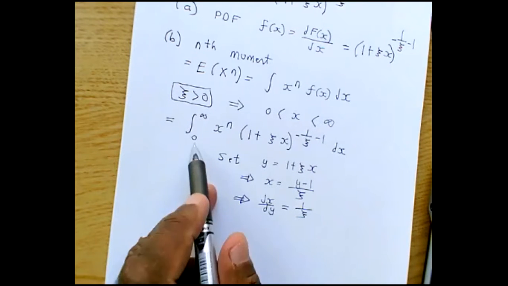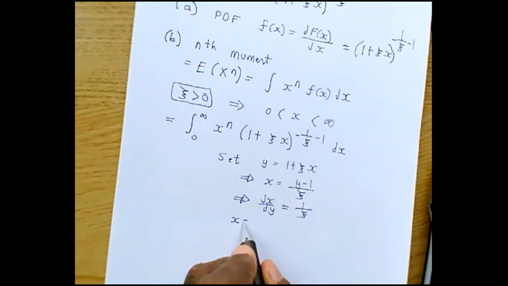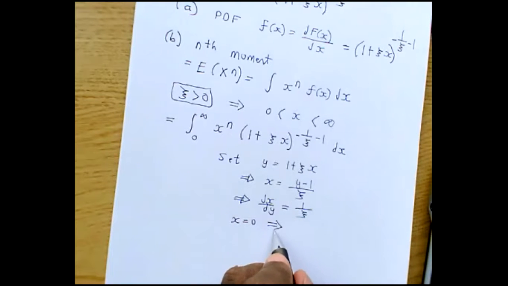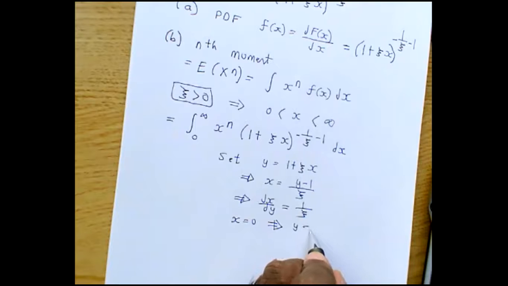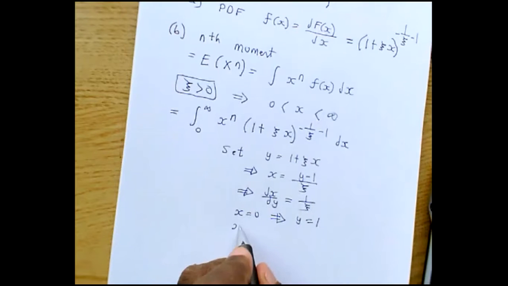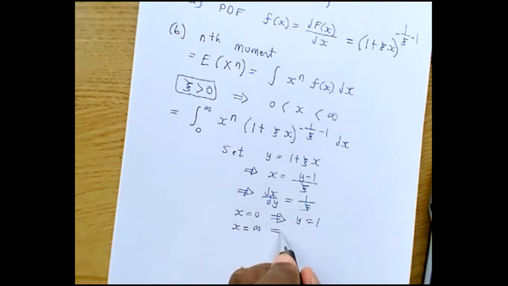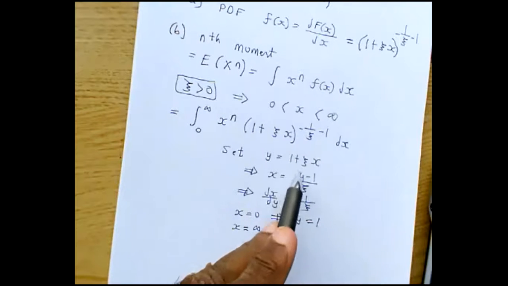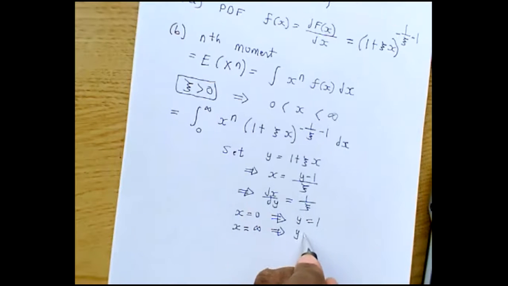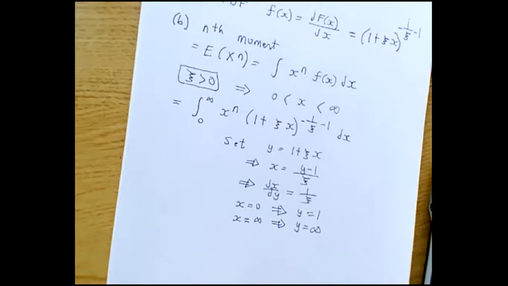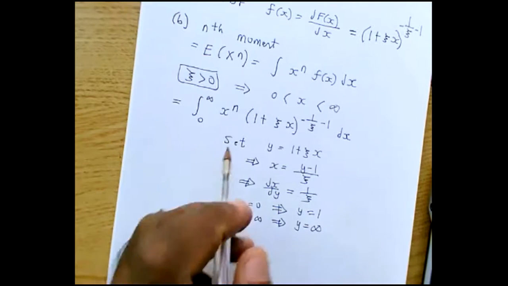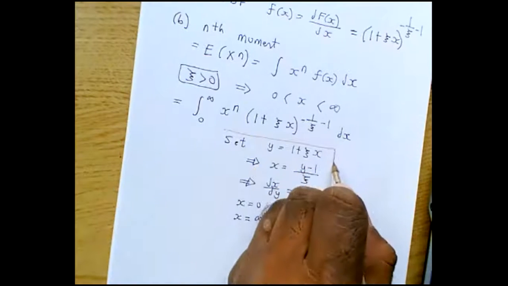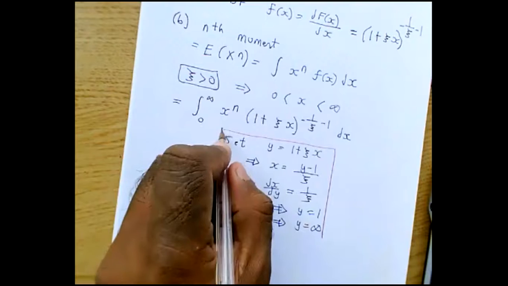Furthermore, if you put x equal to 0 into this, you get y equal to 1. And if you put x equal to infinity into this, you will get y equal to infinity. All right, let me put this in a box.